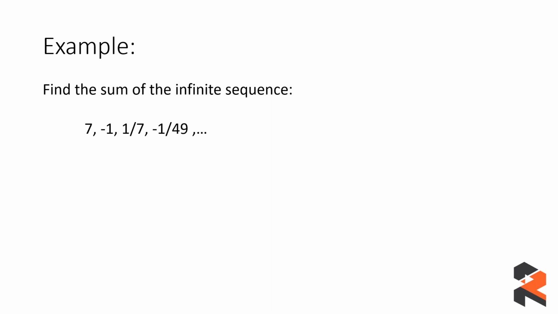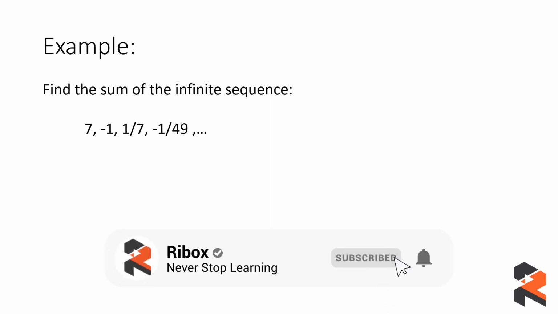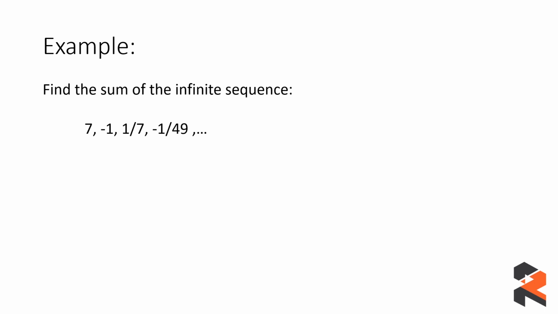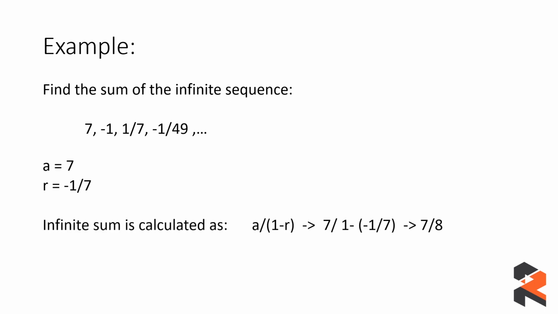Before even proceeding inside the question, you need to first check if the difference is a key factor which you can use or the ratio is the key factor which you can use. Because if the difference is common, then you can easily find out that the series is an AP, and if it has a common ratio, then the series is a GP. So in this case, we have A and R, and putting the values in the formula, you can find out the infinite sum, that is 7 by 8.